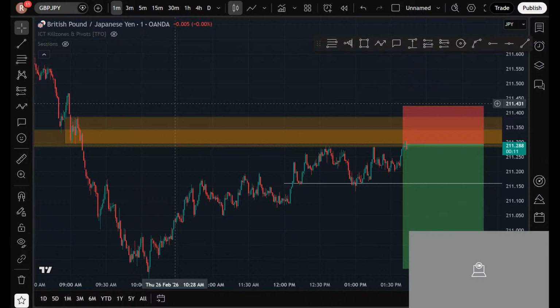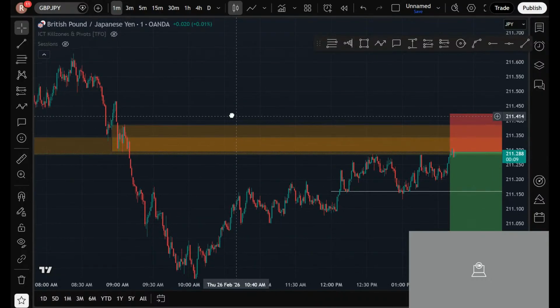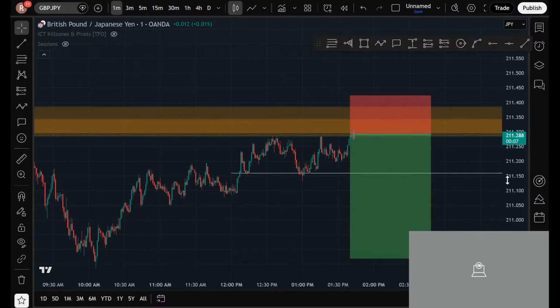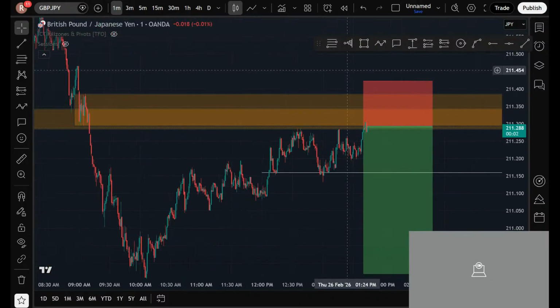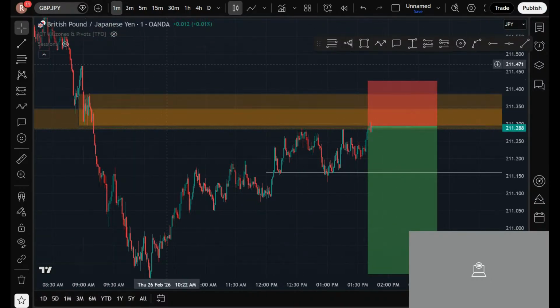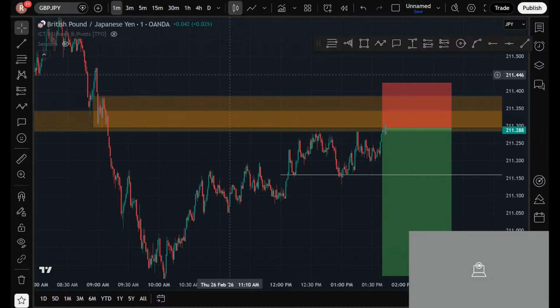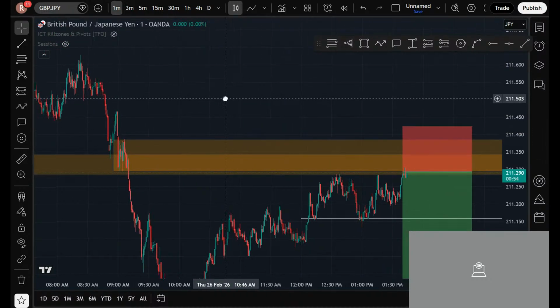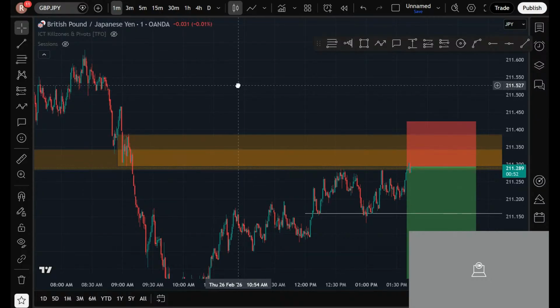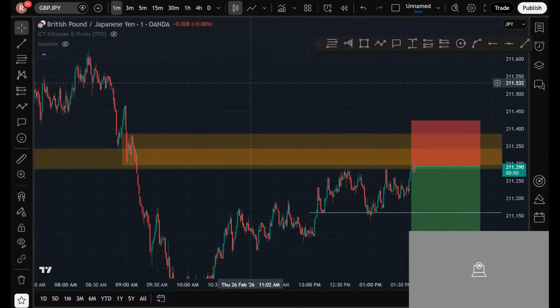So yeah, I think this area is a valid area to sell, but I have yet to do research on this, like entering on order flows. But let me do some backtesting on it.